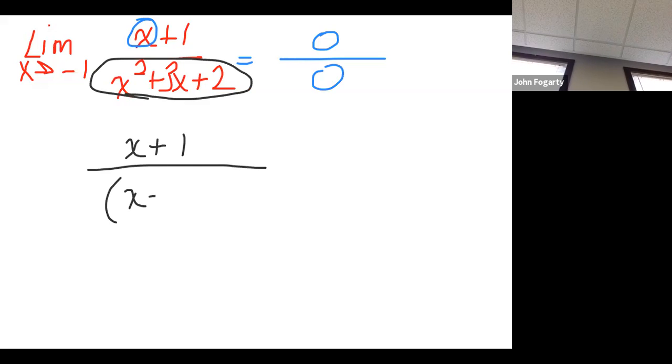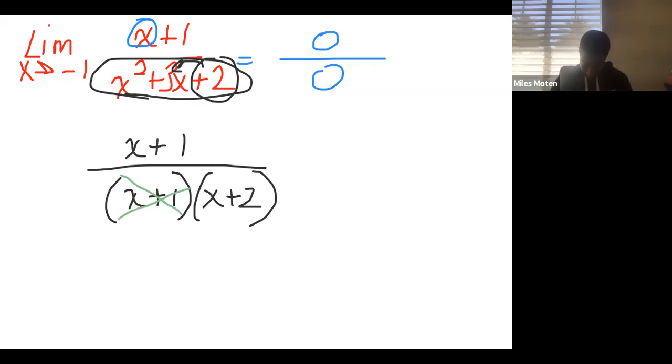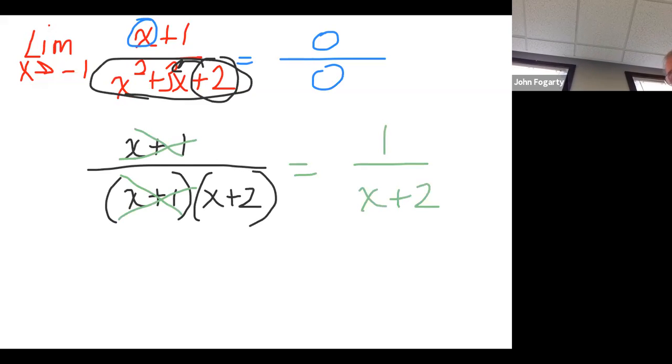Hey, factor this. X plus 1 times x plus 2, yes? The factors of the constant that add up to the coefficient of the x, right? So there we go. And what can you do here? Cancel. And what am I left with? 1 over x plus 2. Now just substitute the -1 into that.